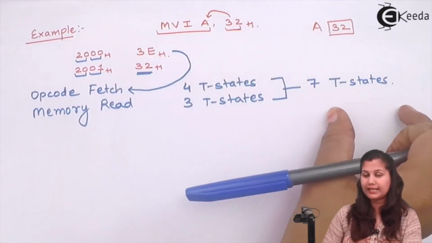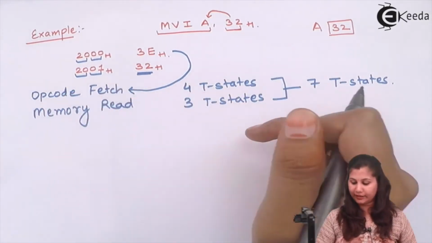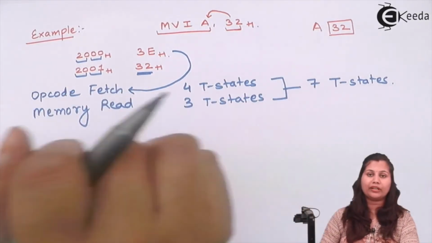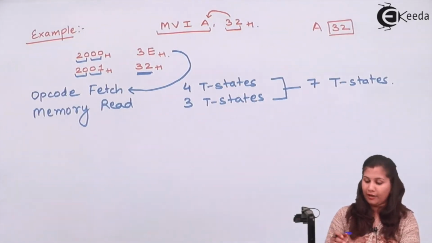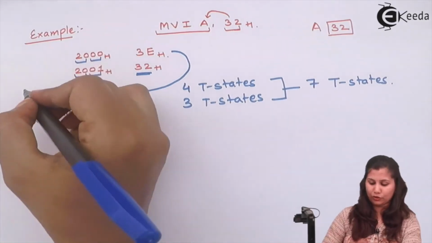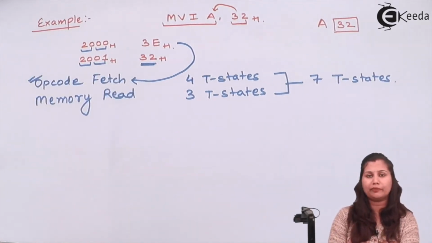So this is the complete timing diagram of this instruction MVI A, 32H. It requires 7 T states, 4 for the opcode fetch and 3 for the memory read. Whenever you are asked to draw the timing diagram of an instruction, every instruction will have this opcode fetch machine cycle, because the first operation the microprocessor performs is to fetch the opcode.